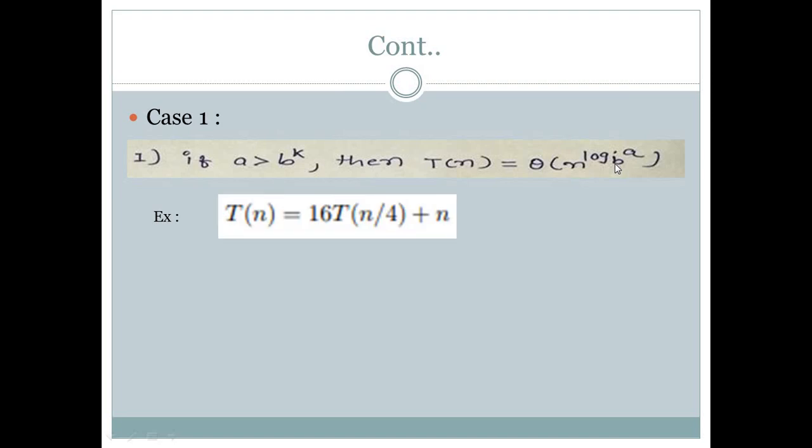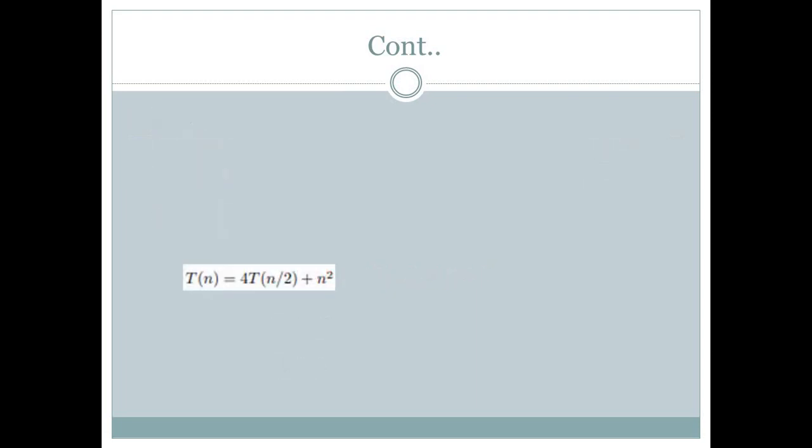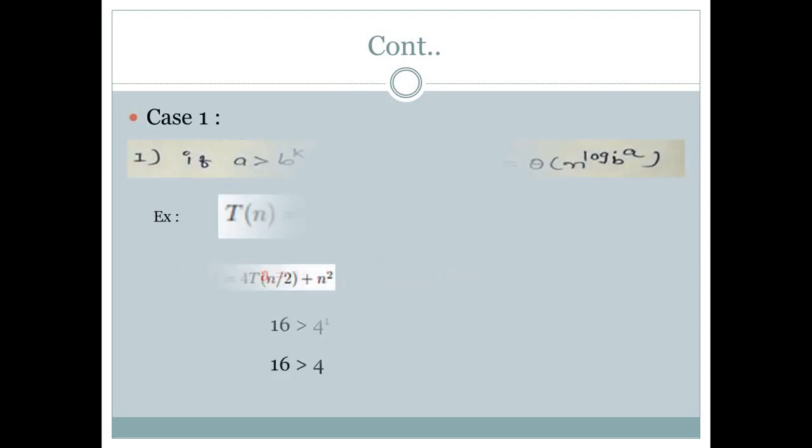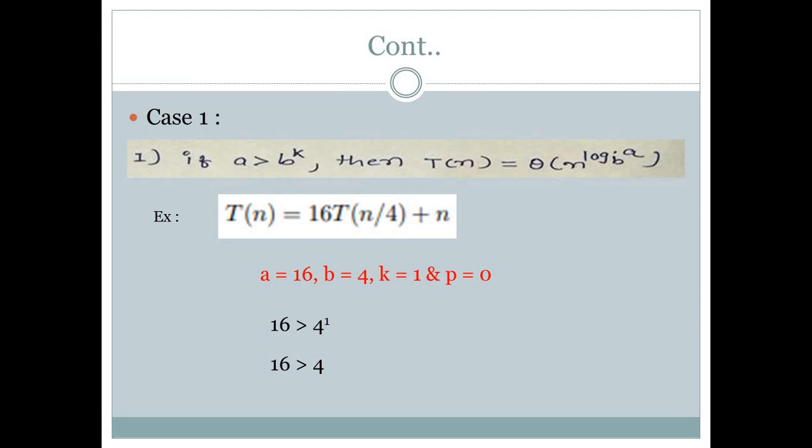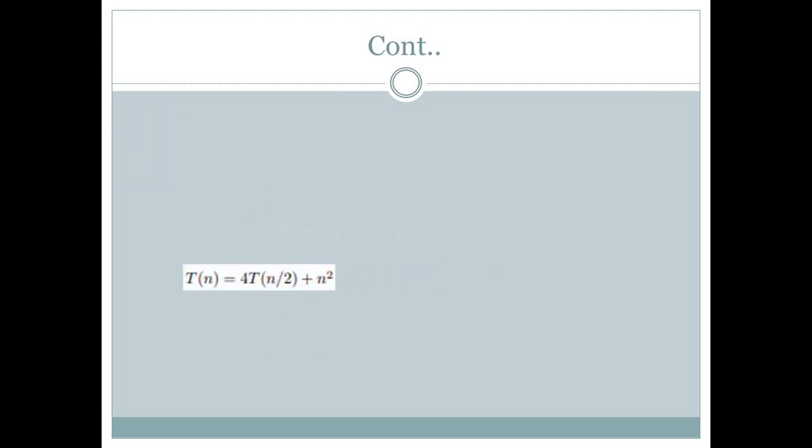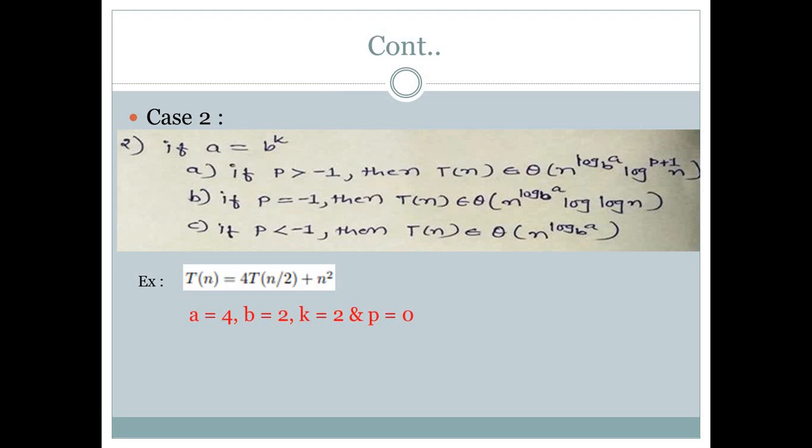For that we took an equation and checked that it will be solved by case 1. For case 2 we took another equation and found that if a is equal to b raised to k, in this form, its answer is obtained by these three other conditions.